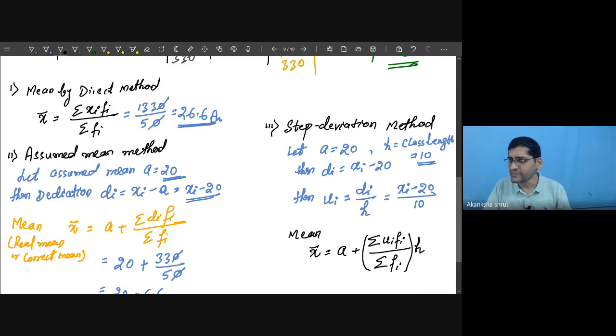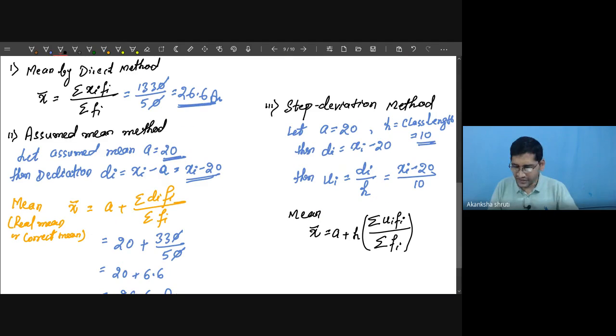So h is very important, do not forget the h. Many a time this h is written before, meaning a plus h bracket, or it may be written like a plus h into this one.